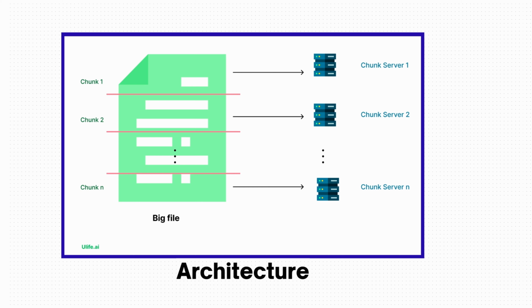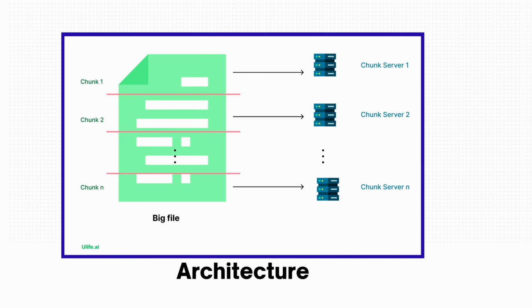I will define chunk in the next section. And we save each chunk in a specific server. So this file has different parts distributed over different servers. And we have a specific way to read the file, to update the file, and to write the file to those different servers. Now we'll explain all those operations in the upcoming sections.